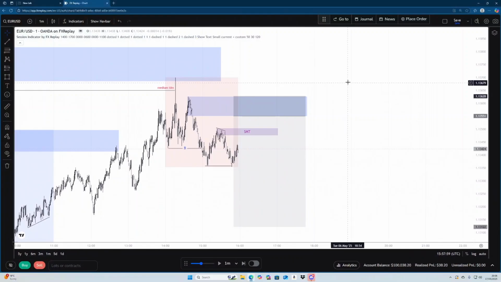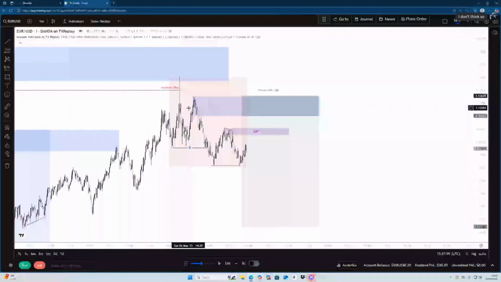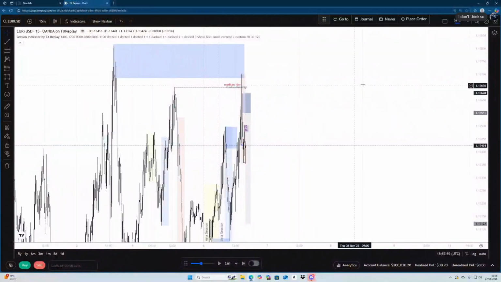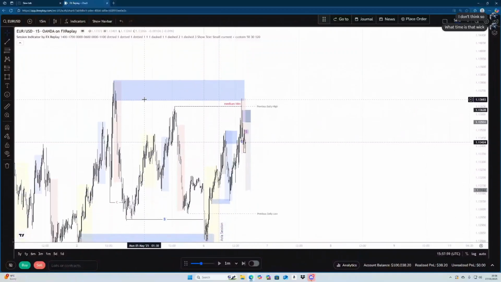Yeah, I understand what you're asking, because if this is a news wick, it could just be liquidity right here. But there's no way to tell, so I'm just gonna take it as the inducement. Because I mean, mitigate this supply, which still has space in there. Like to mitigate, I mean.